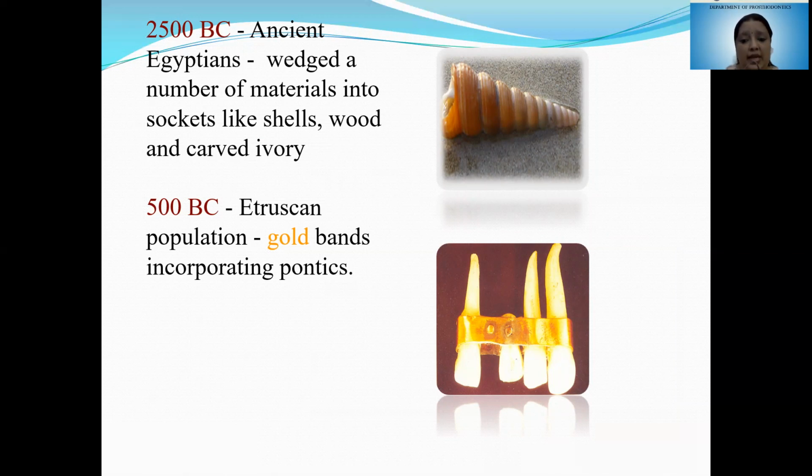Gold bands, which had artificial tooth or natural tooth incorporated into them, were found around 500 BC onwards. Many such instances of materials being used as dental implants have been unearthed from archaeological finds and other sources.